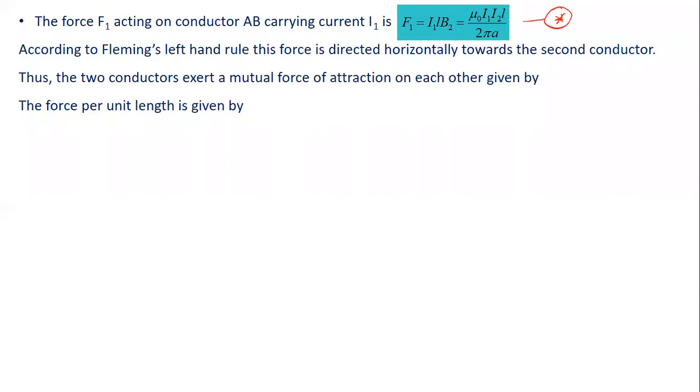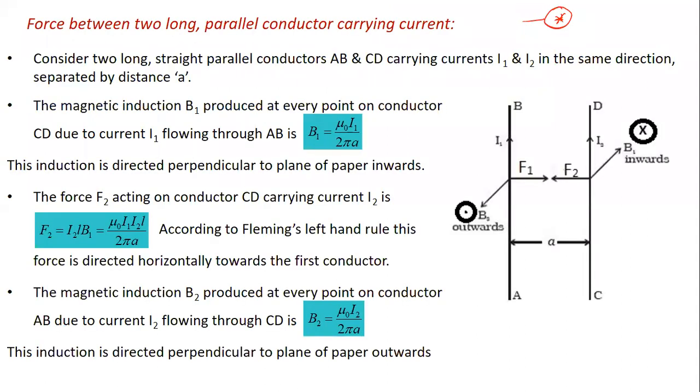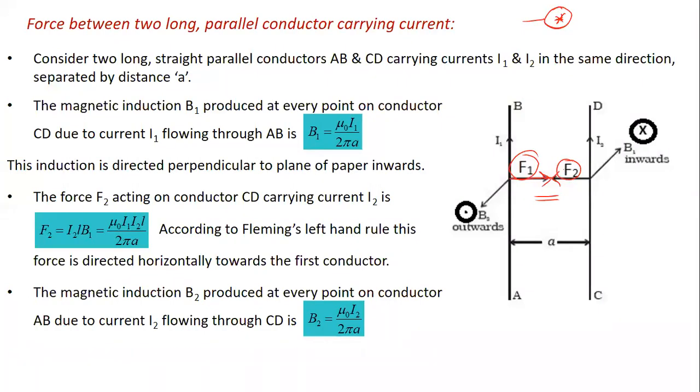You can see that the formulas of F1 and F2 are similar. The direction of F1 is toward the second conductor by Fleming's left-hand rule, as you can see in the diagram. So this is an attraction force, because the first conductor is attracted towards the second and the second is attracted towards the first, because of the directions of the forces.